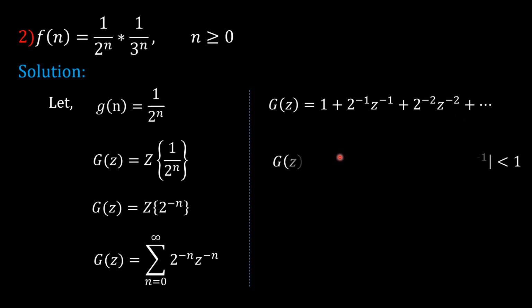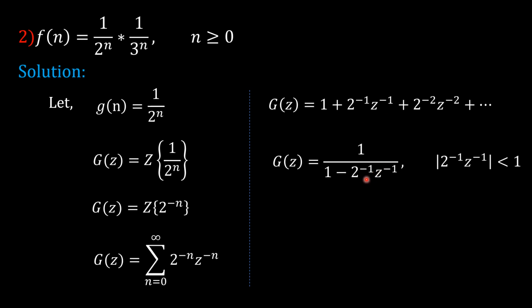Simplify this expression, it will be 1 upon 1 minus 2 inverse z inverse, because this expression is in GP, geometric progression, with first term as 1 and common ratio 2 inverse z inverse, that is 2 raised to minus 1 z raised to minus 1.